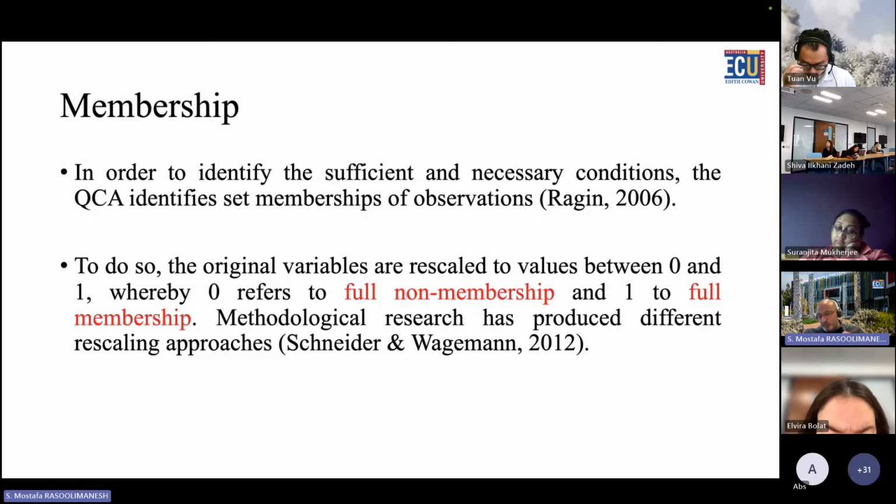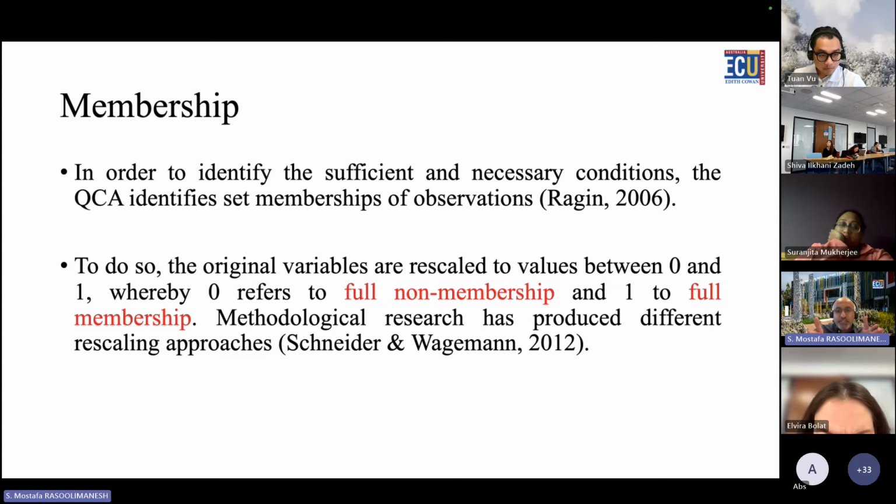First we need to go through a step and rescale our data based on the values that we identify from theory, to see what level of satisfaction our respondents claim, high satisfaction or low satisfaction, zero satisfaction or full satisfaction.